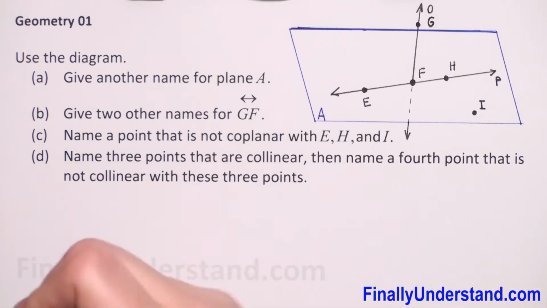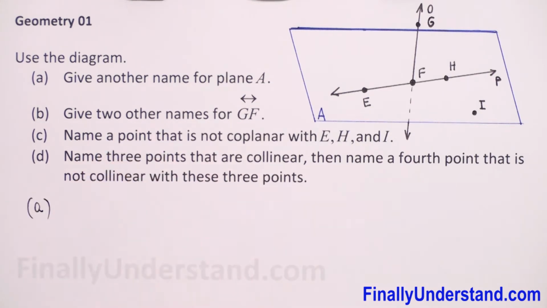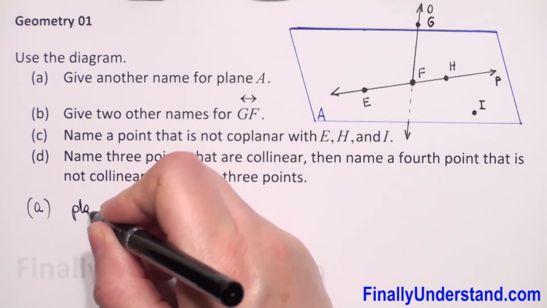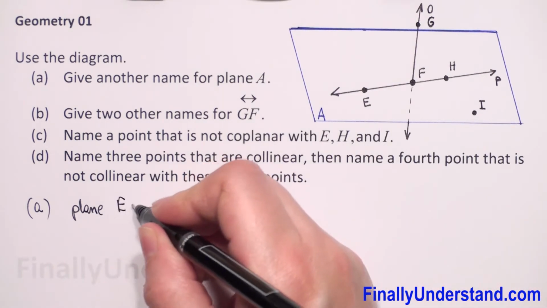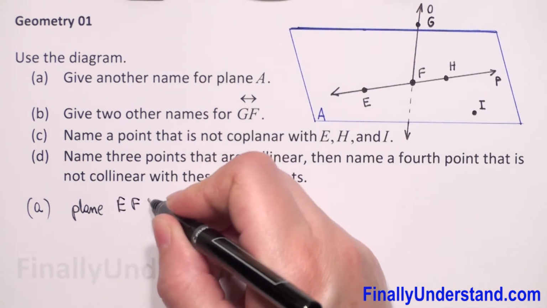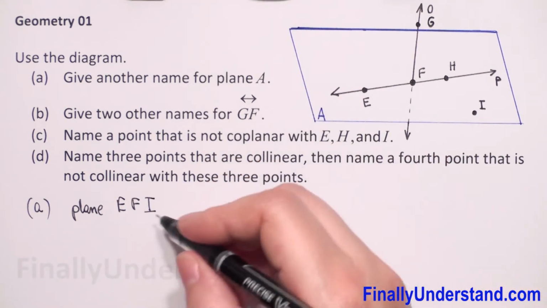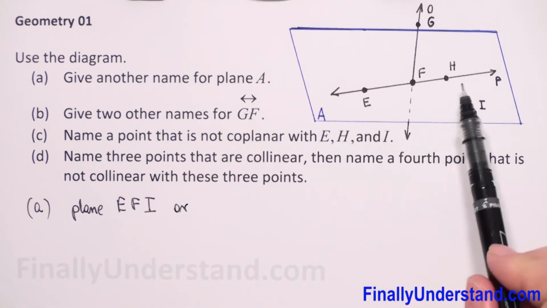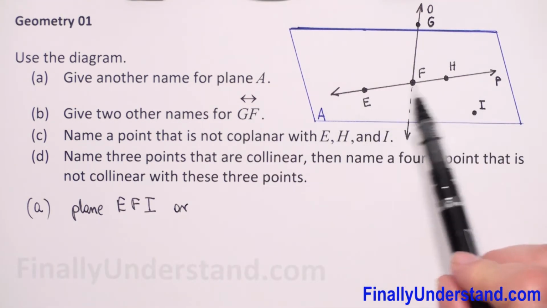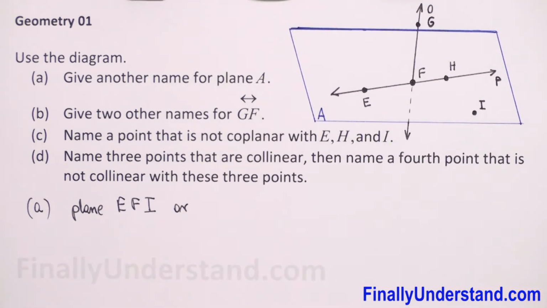So the solution for A will be, first we can write E, F, I, this is a name for our plane A, or we can write E, H, I, because these 3 points are not on the same line.